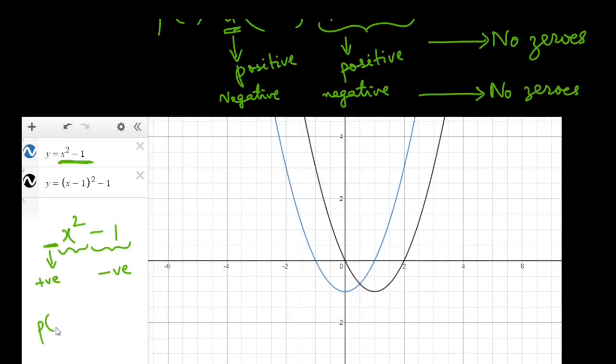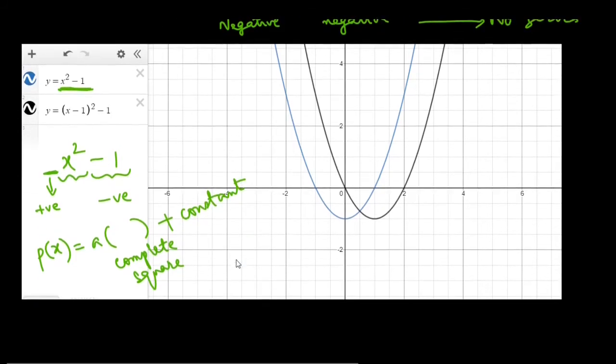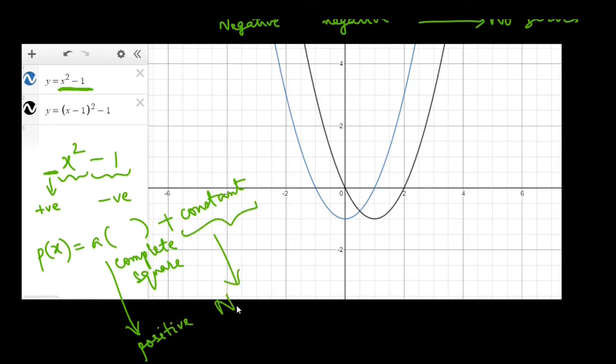So p of x is equal to a into some complete square plus constant. If this a is positive and the constant here is negative, then we have zeros. Then we have two zeros.